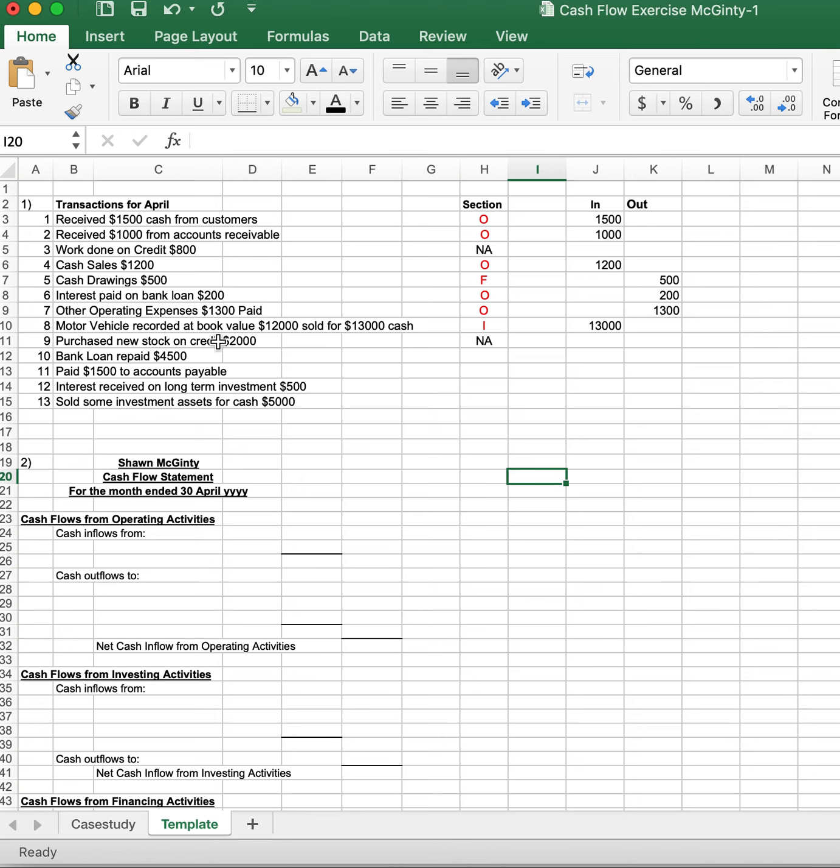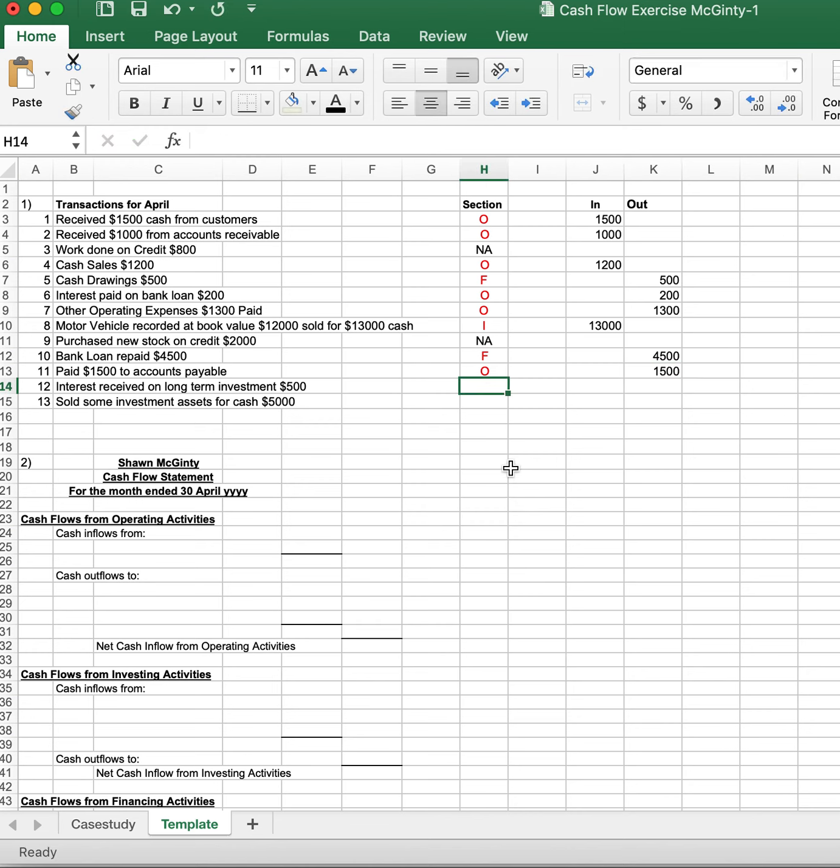Purchased new stock, the word's credit, no. Bank loan repaid, so it's money going out, 4,500, and that's a financial one, as a loan is a financial part. Paid 1,500 to accounts payable. It's operational, presuming the accounts payable is all for business expenses, not any invoices in there for, e.g. a laptop or something. So out is 1,500. That's all good.